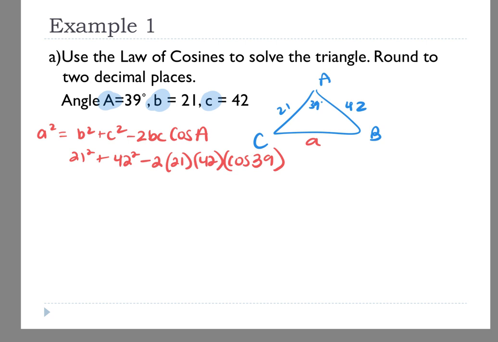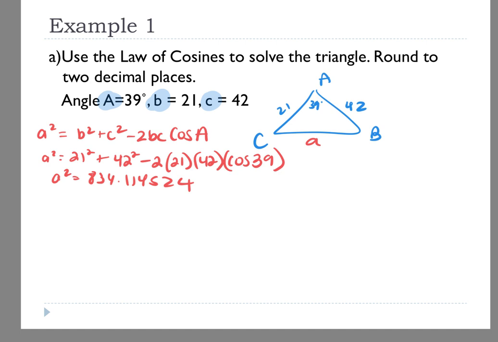But if you wanted to just do 21 squared plus 42 squared minus 2 times 21 times 42 times cosine 39, this is what a squared equals. So a squared would be 834.114524.